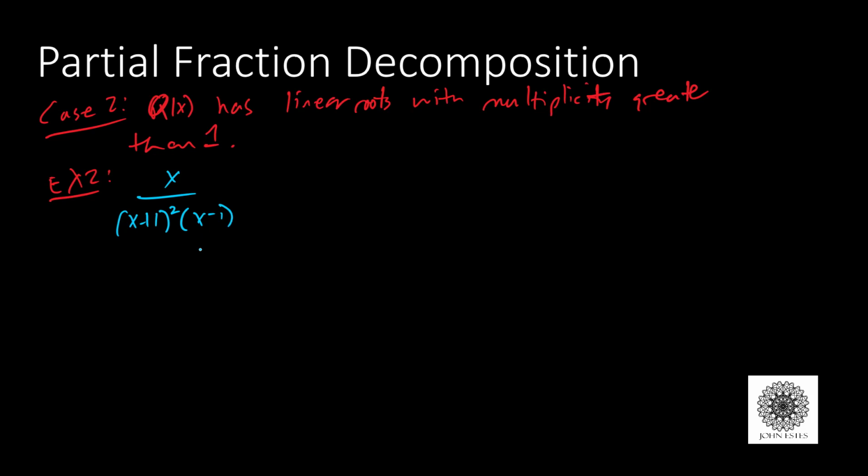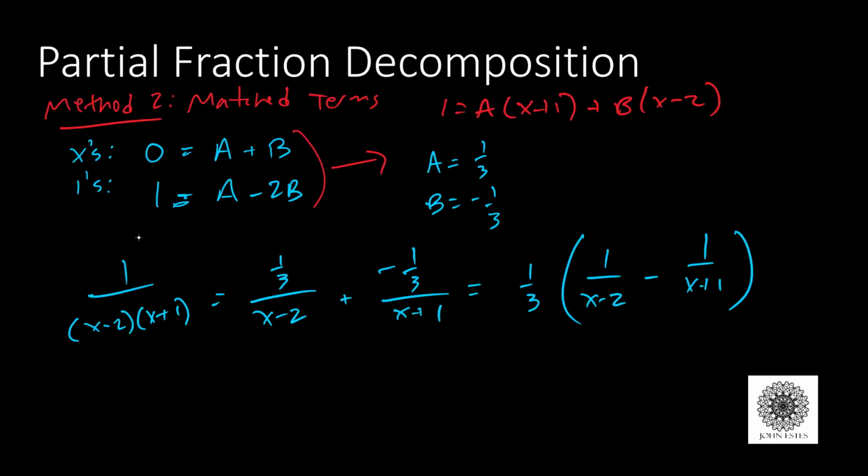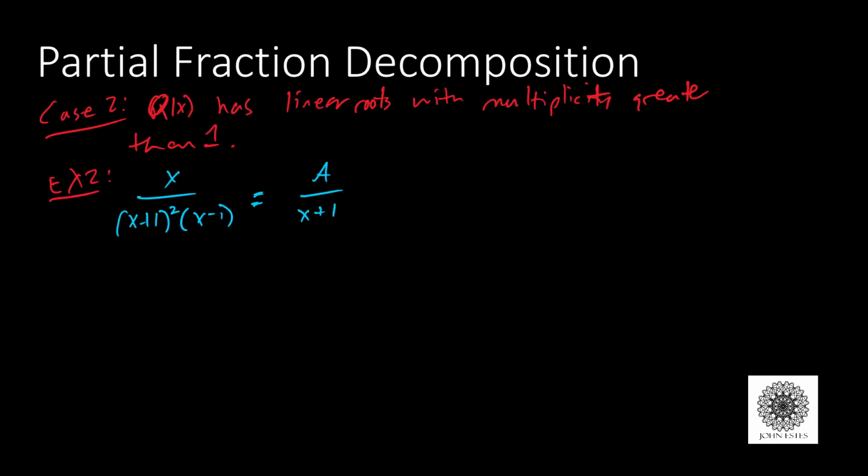Okay, so this time when I pull this apart, I'm going to have a over x plus 1. The denominator is factored already for me, but I have an x plus 1 squared. So what I need to consider then is to walk up my powers, so to speak. So that's going to be b over x plus 1 squared. If it was cubed, I would have c over x plus 1 cubed, and so on.